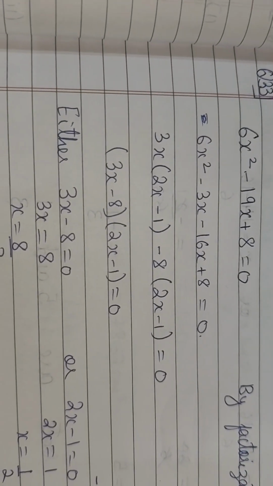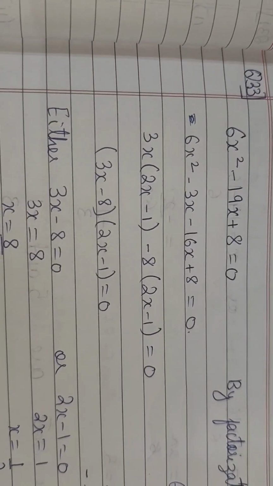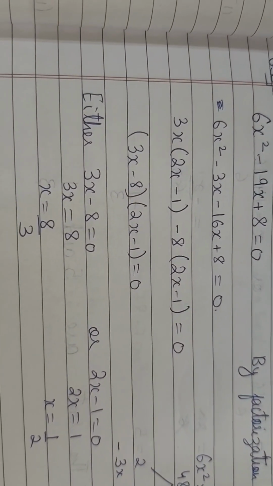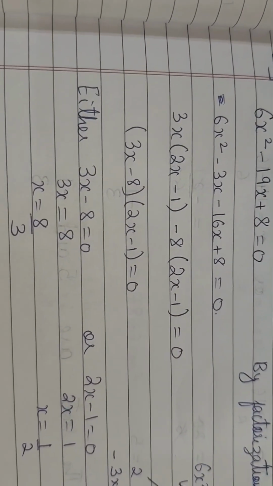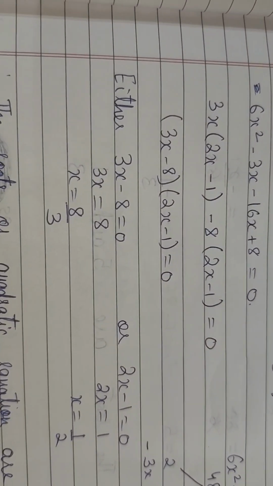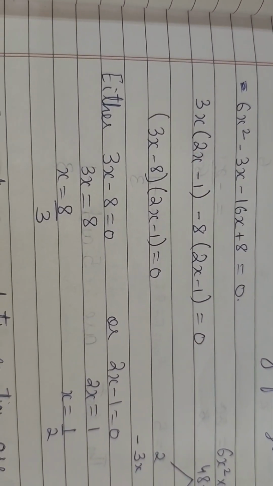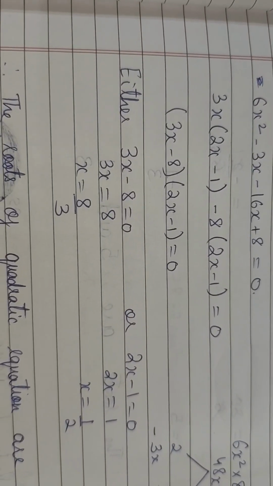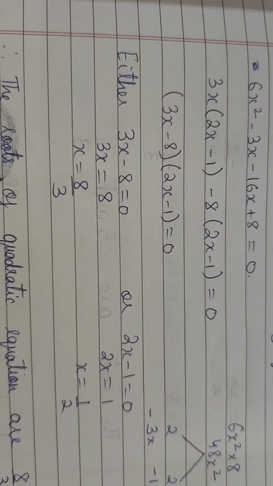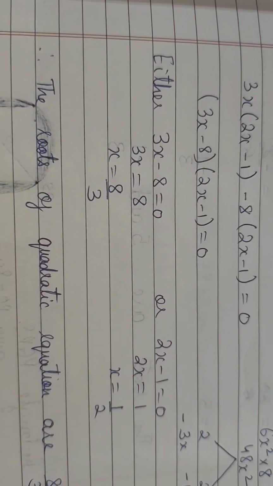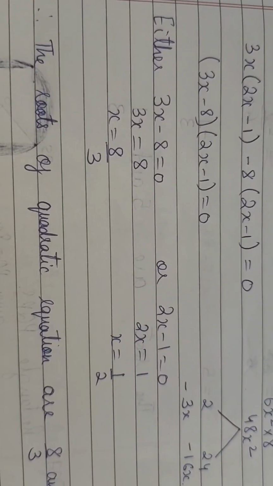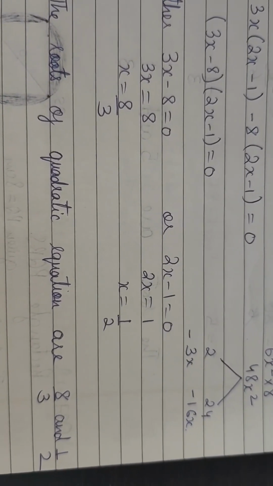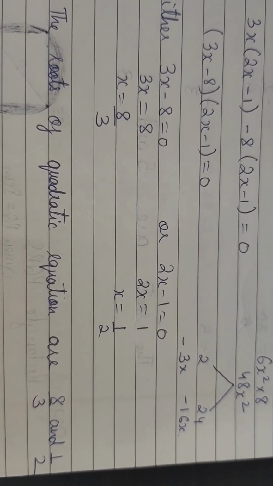So 3x minus 8 bracket 2x minus 1, either 3x minus 8 is equal to 0 or 2x minus 1 is equal to 0. Then 3x is equal to 8, so the value of x will be 8 upon 3 and the value of x will be 1 upon 2. Therefore the roots of the quadratic equation are 8 upon 3 and 1 upon 2.